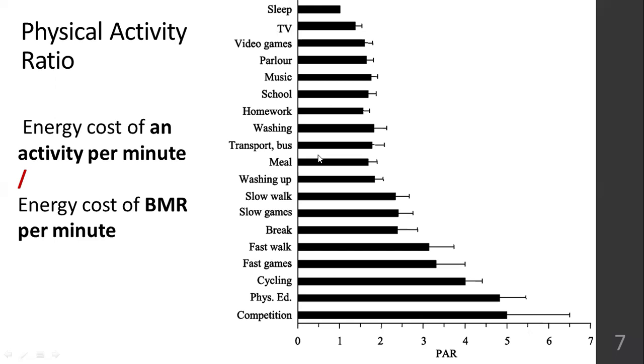If I give you another example, a person who is traveling by bus, who is walking fast, who is going to school, who is getting physical education done, who is taking a break. Is it moderately active?